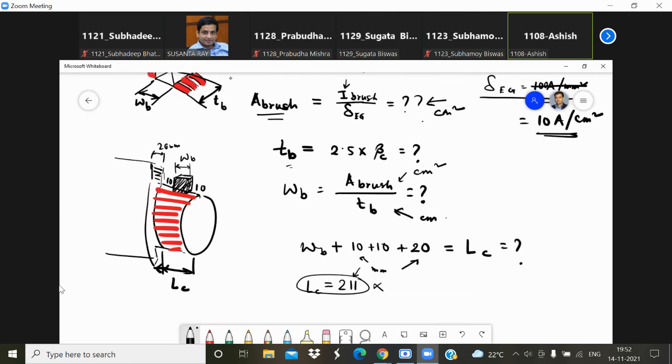Sir, for a 30 kilowatt machine, I am getting LC equal to 48 mm. For small machines, your machine is small? Yes, sir, 30 kilowatt. Sir, for a 20 HP machine, I am getting LC as 52.41 millimeter.